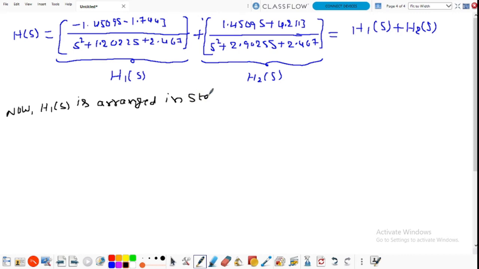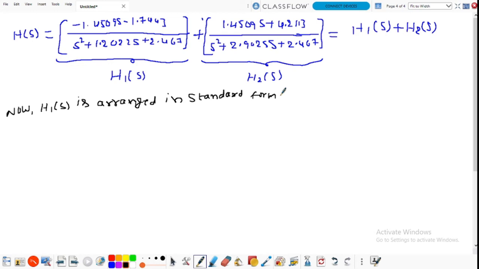Using the impulse invariant transformation, there are three important properties.